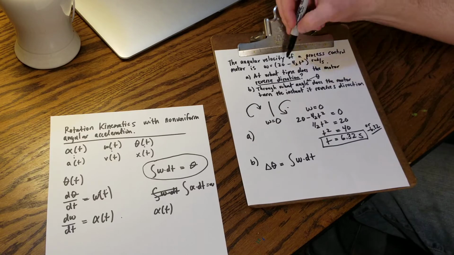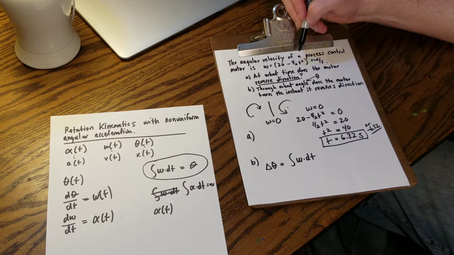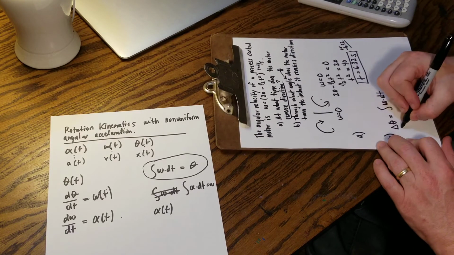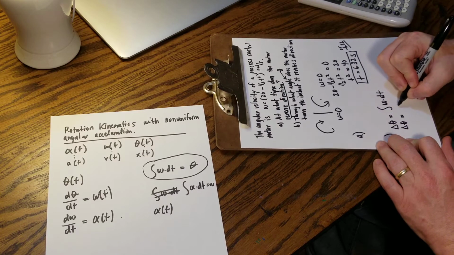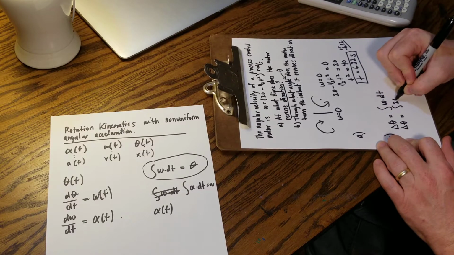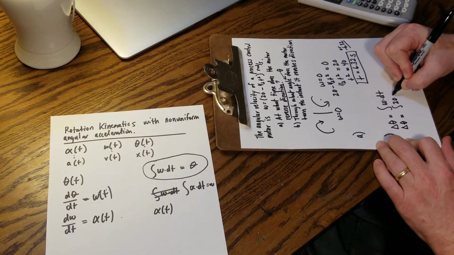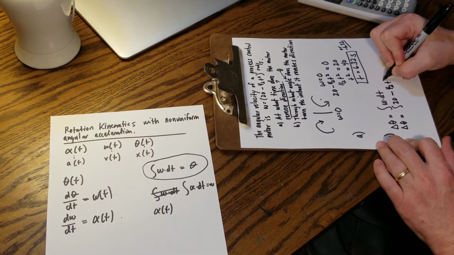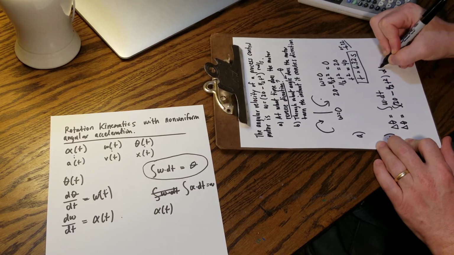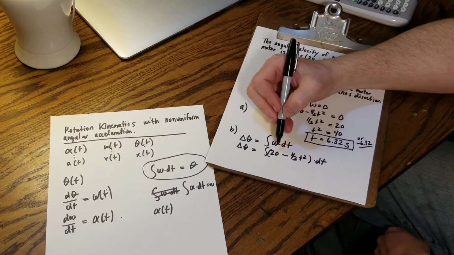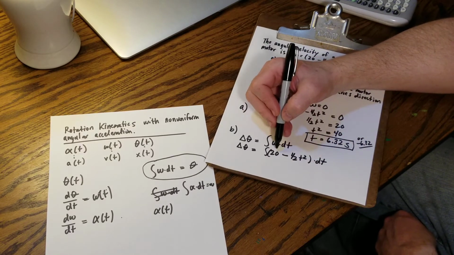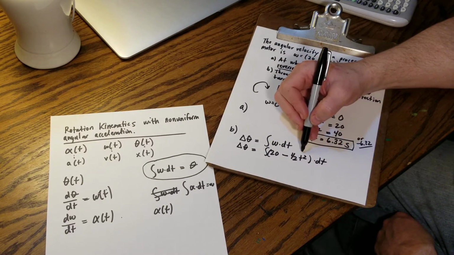So we now need to take the integral of our function, which is the integral of 20 minus 1/2 t squared dt. So we need to take the integral of 20, and then the integral of 1/2 t squared.